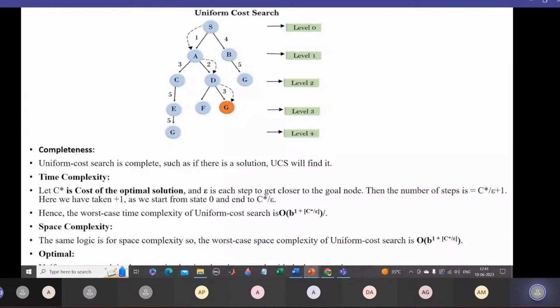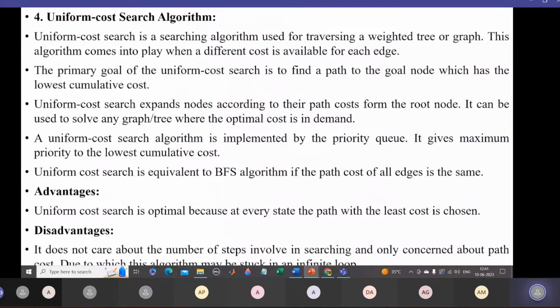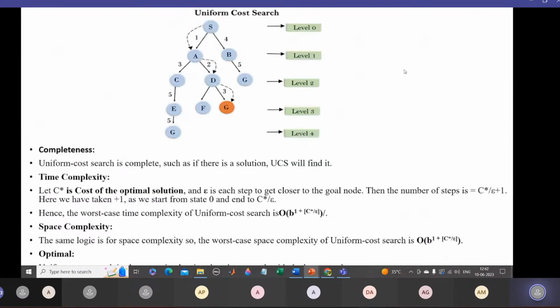So this is a uniform cost. How are we going to reach this easily? The goal is reaching G. You're going to look into the weightage. From S, I can see the costs given as 1 and 4.